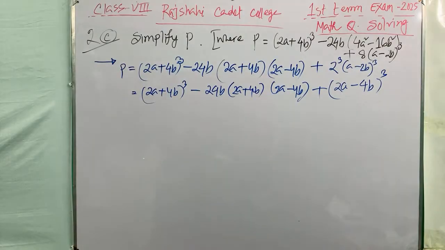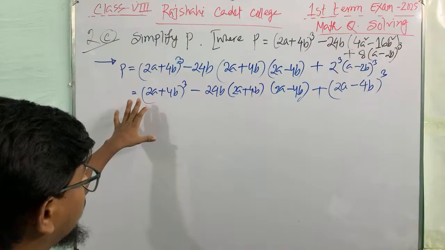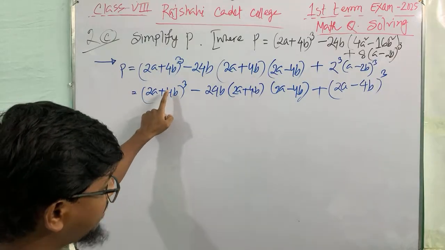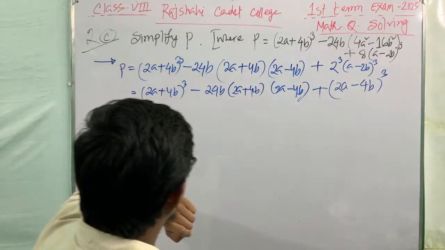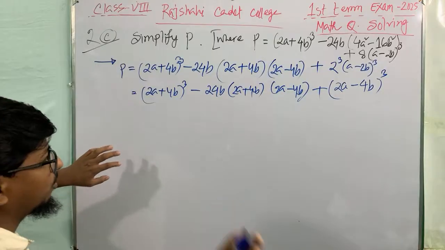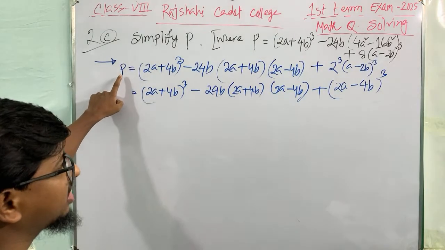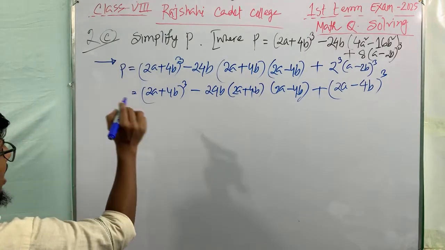So now we have a situation that is quite familiar to us, that is, if we consider this to be p and this to be q. So now, okay, let's not consider p and q because the question is already in terms of p. Let's take m and n.